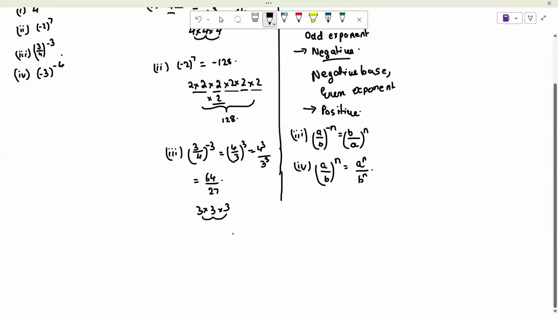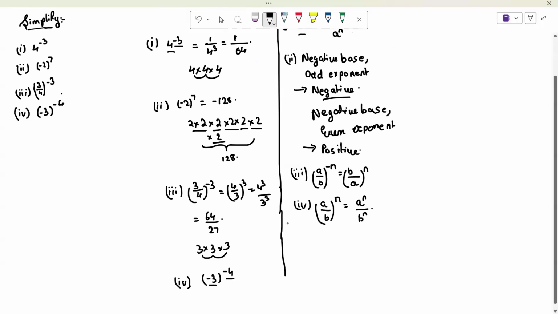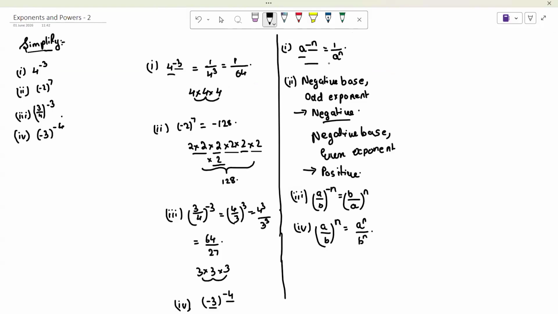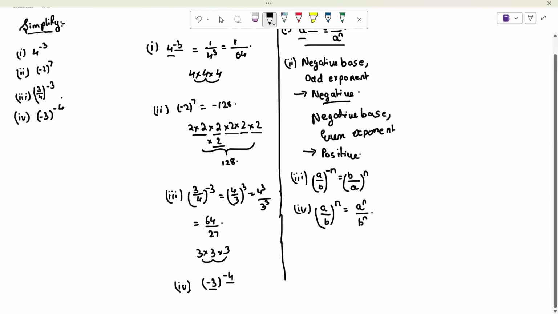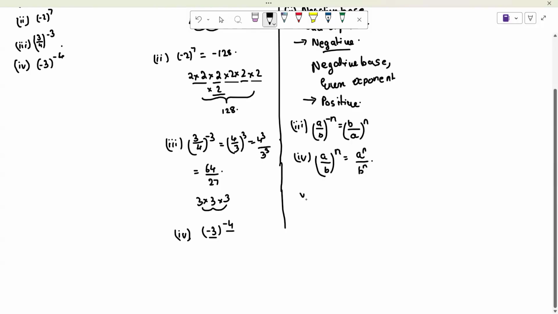Now, fourth question. The fourth question is a very tricky one, and I will tell you how students make mistakes in these types of questions. Minus 3 power minus 4. Here both base and exponent are negative. So what will we do? We will have a law which is similar to a power minus n will give you 1 by a power n. Just like that, we will have minus a power minus n. This is just a few tricks, okay?